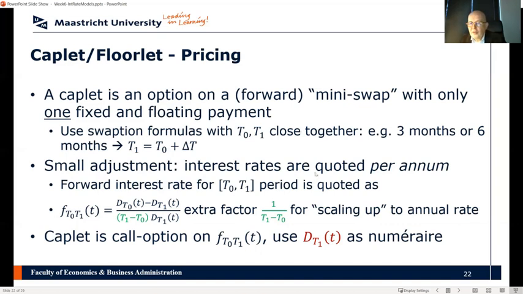And the standard convention in the market is that interest rates are quoted in per annum equivalents. Therefore, I am using this small time step of 3 months or 6 months in the denominator to blow up the half-year or the quarter-year interest rate back to a 1-year equivalent. So this factor 1 over delta t is the factor that is needed to scale up the interest rate to an annual rate.